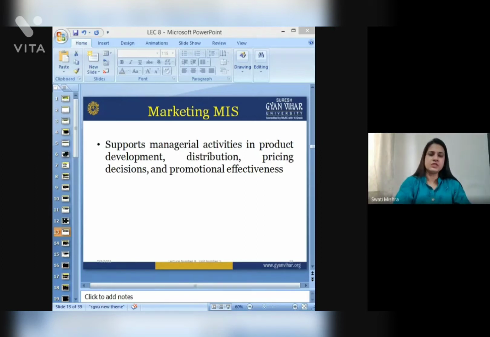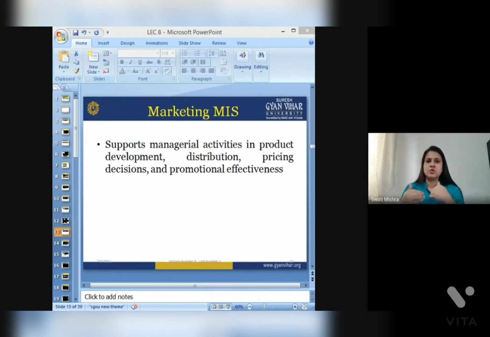So, as far as your marketing information system is concerned, you have to be sure that your marketing information system is so well developed that whatever information goes into it, that information will be properly segregated and developed, so that you can actually use that data for taking wise decisions.